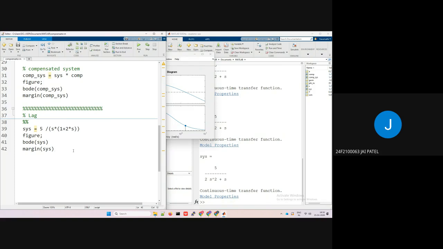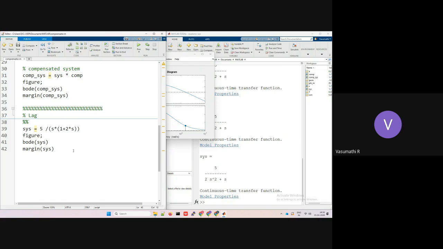It doesn't mean that a lag compensator will always reduce phase margin and a lead compensator will always increase phase margin. In general, they will, but not completely. So for improvising, we can use both lead and lag.